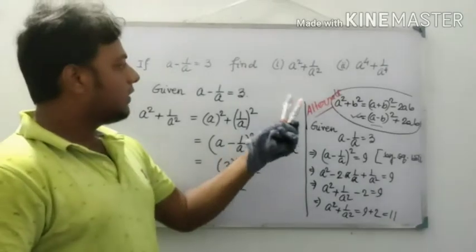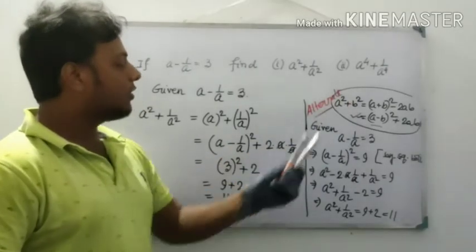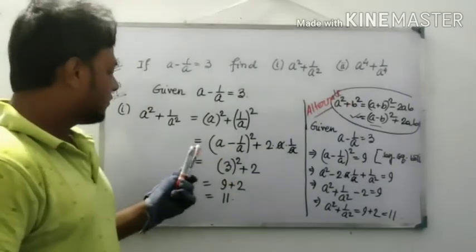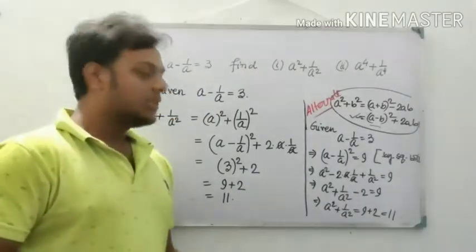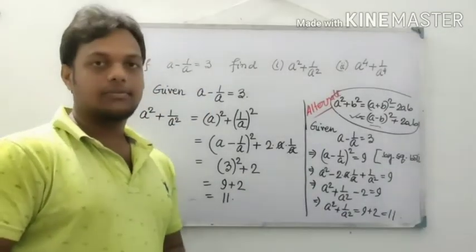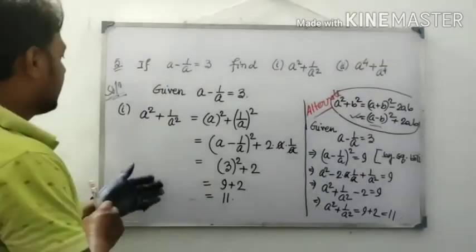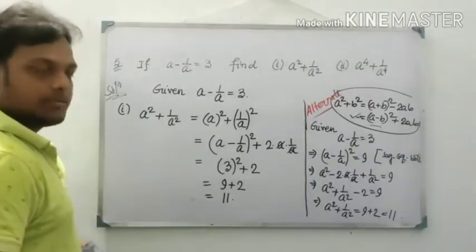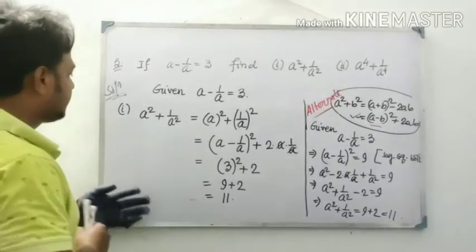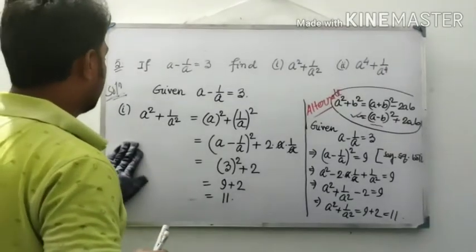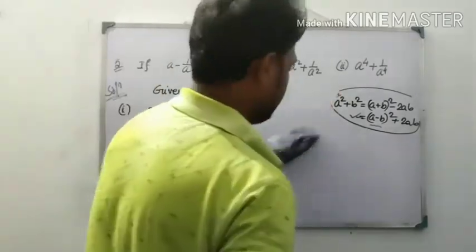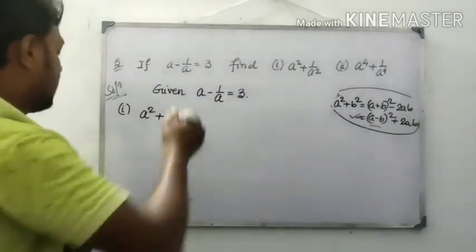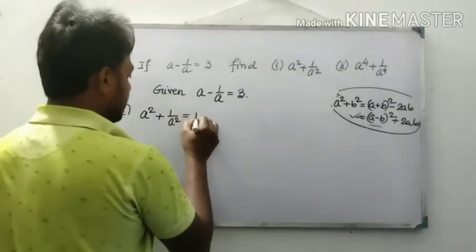Again, you can use these identities, or if you square both sides of this value, then you will get the answer. I am solving here. Note down this. I pause the video. The first answer I am writing here since we need it: the value was 11.